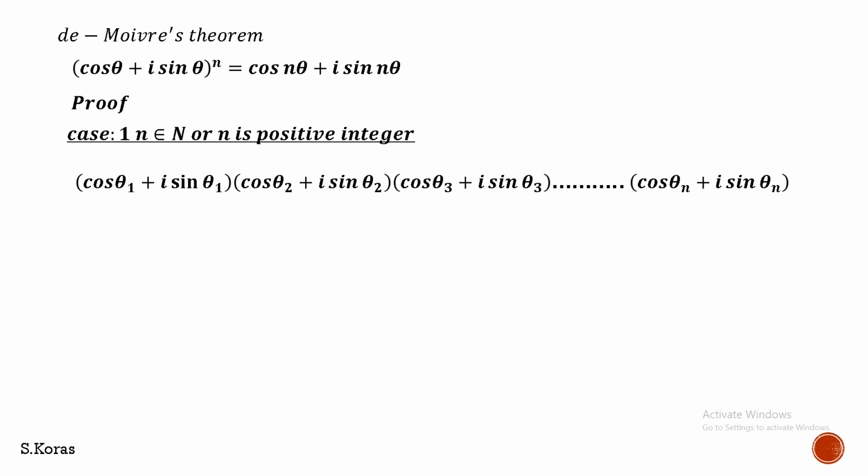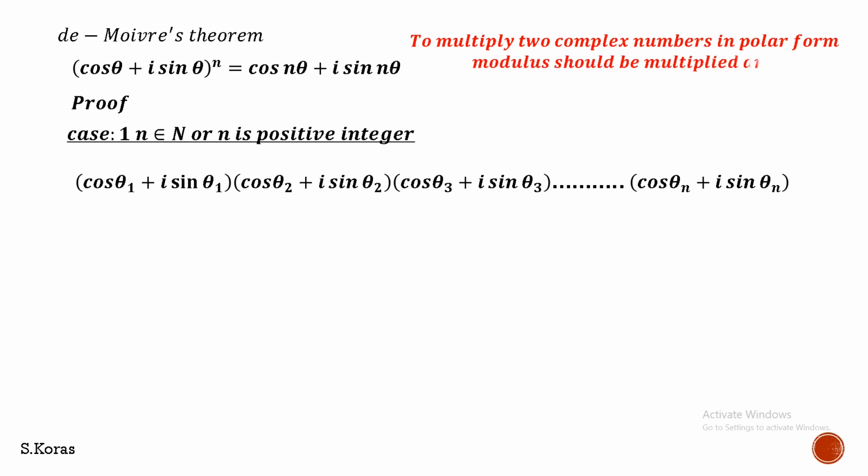You know, from the derivation of multiplication of two complex numbers in polar form, we just have to multiply the moduli and add the arguments, that is, the angles.